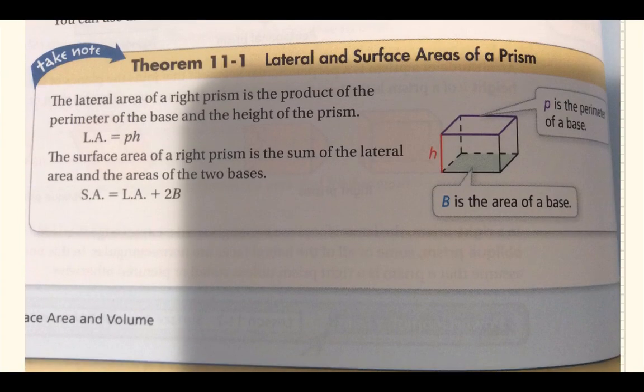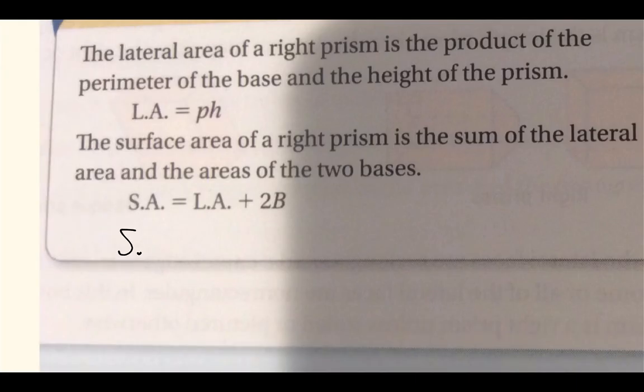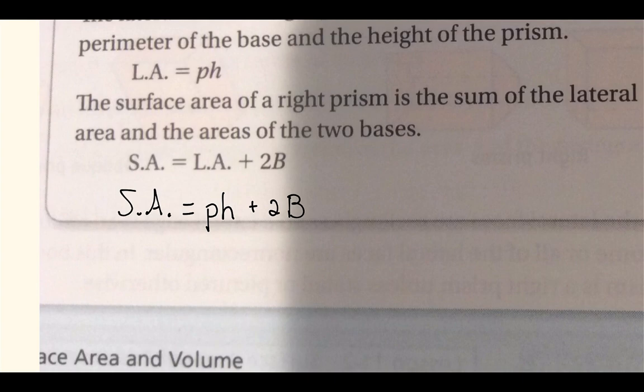So let's take a look at how the formula is made. I'm going to rewrite this, because I don't like how it's confusing with the substitution they use here. To simplify things, surface area is the perimeter times height plus 2B. This 2B is a little confusing, because this B actually represents the area of the base. So let me write down what everything represents.